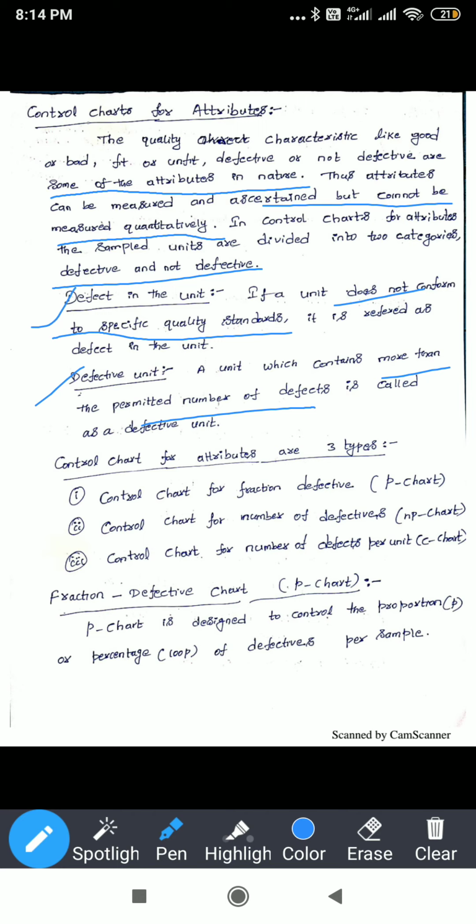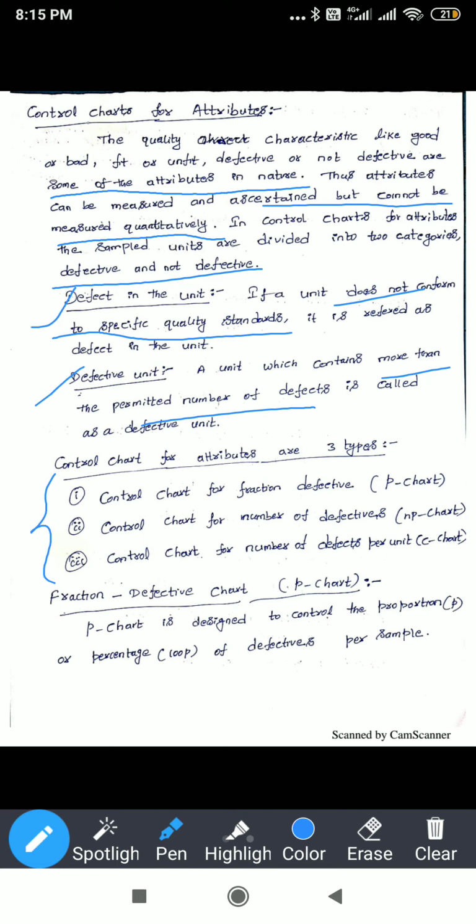In control charts for attributes also, we have three types of charts. One is the P chart, that is the control chart for fraction defective. Second is the control chart for number of defectives, that is the NP chart. Third is the control chart for number of defects per unit.